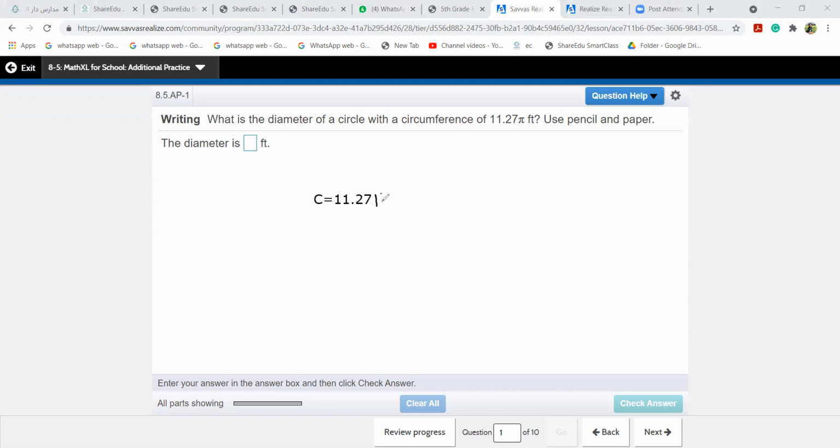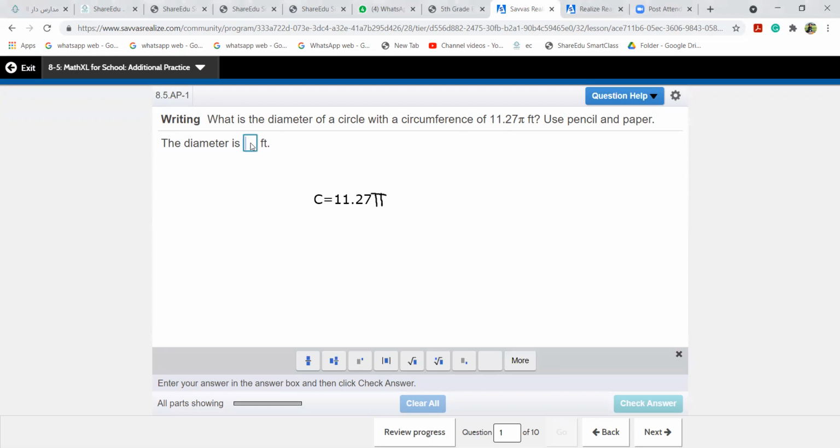You know it is C equals pi d. C equals pi, and what is the diameter here? Diameter is 11.27, because you have to multiply the diameter by pi. It is 11.27.